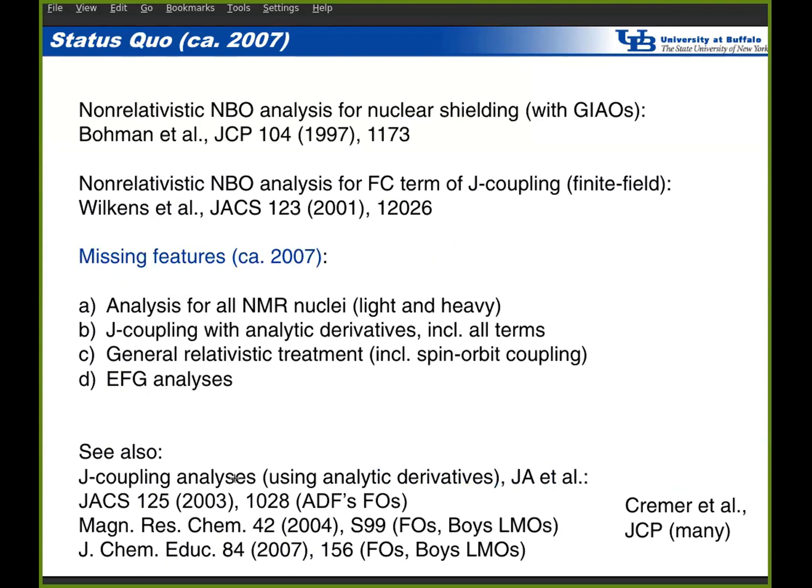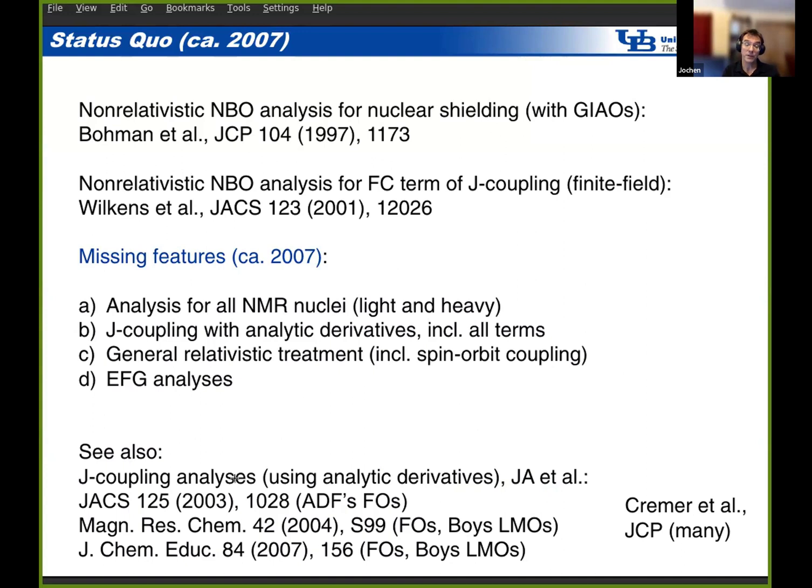Okay, so the developments that I want to discuss today took place mainly around 2007-8. The status at the time was that Meinhold and co-workers had formulated NBO-based analysis for nuclear magnetic shielding, and also there was a finite field approach for a contribution to the J-coupling available.